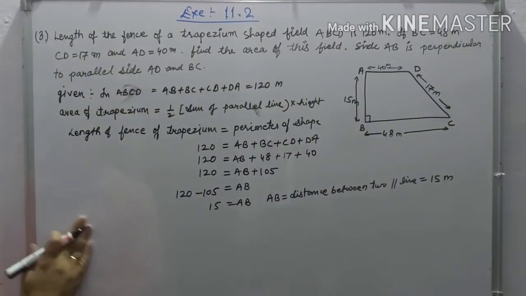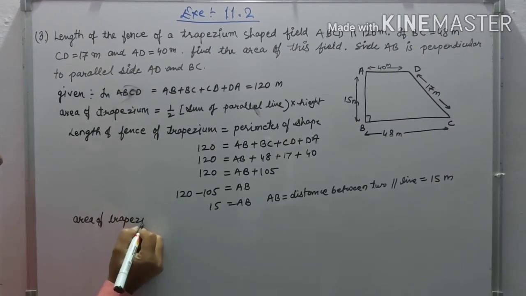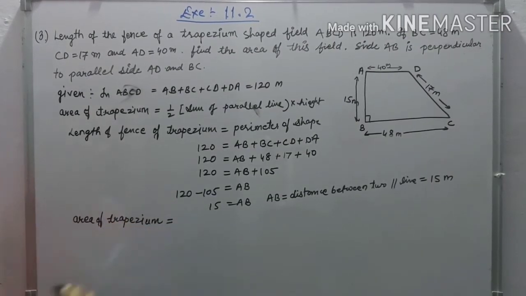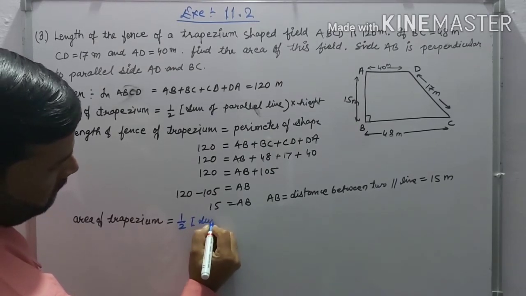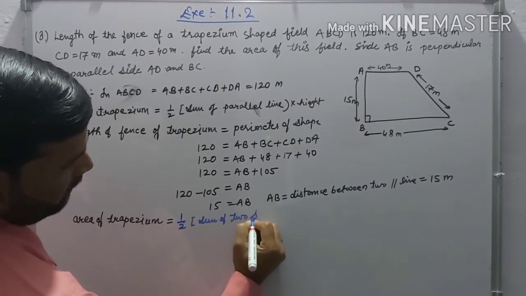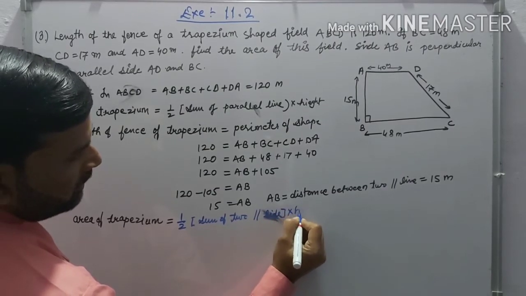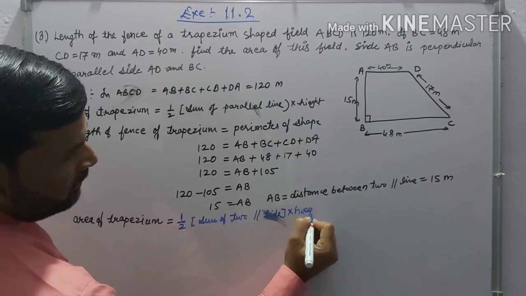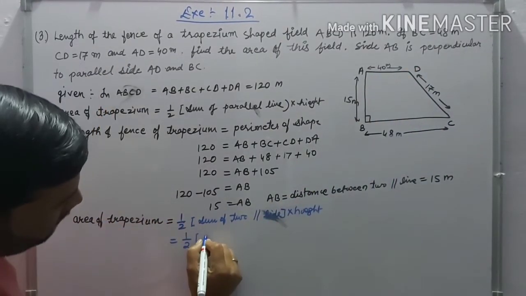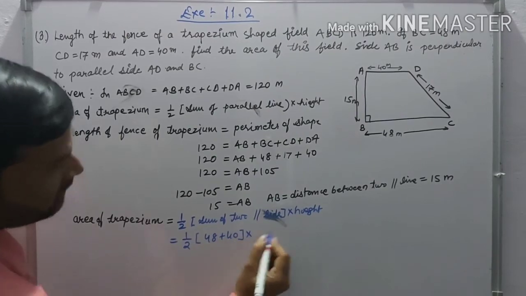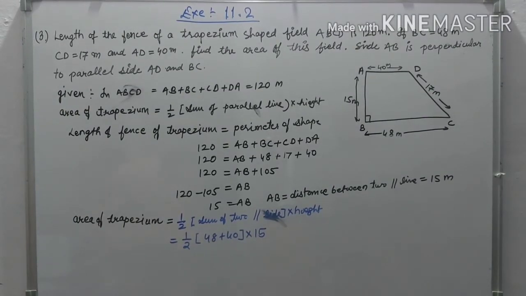Now directly find the area of the trapezium. Area of the trapezium is 1 upon 2 times the sum of the two parallel sides times the height. It means 1 upon 2 times the parallel sides 48 plus 40, and the height is already found to be 15. First add 48 and 40.